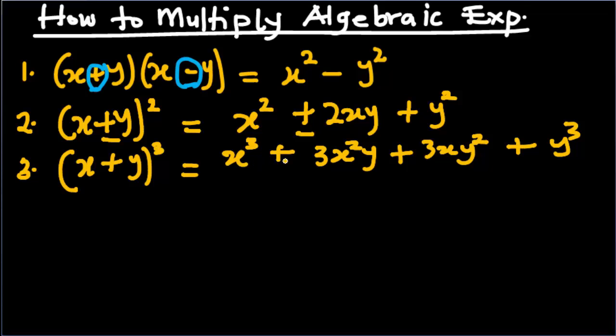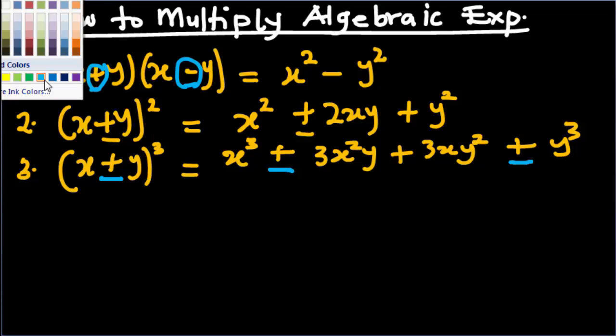Do the same thing for y, and make y raised to the power 3. In the same way, if this sign is negative, this sign will change to negative, then this sign also will change to negative. As simple as that. So let's take an example to illustrate these formulas.